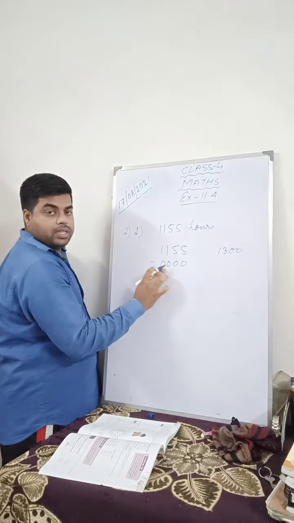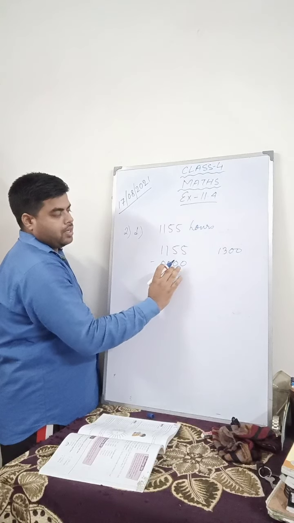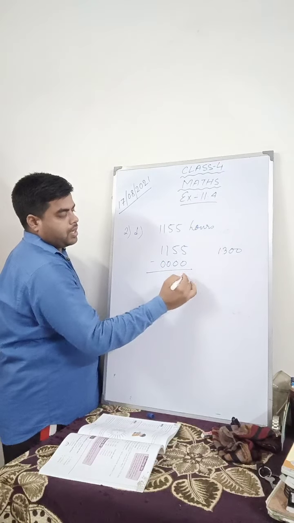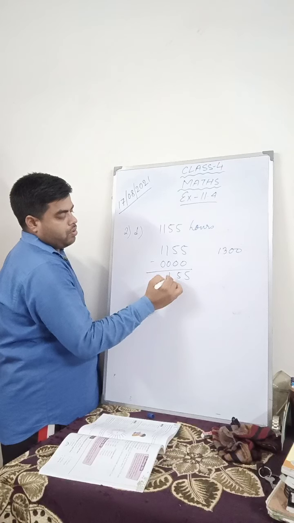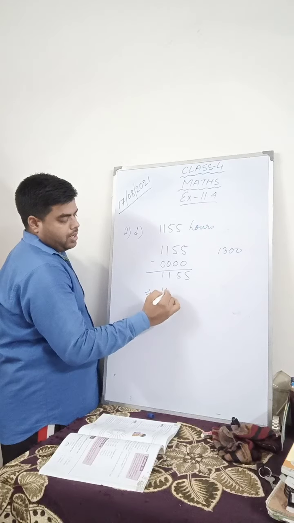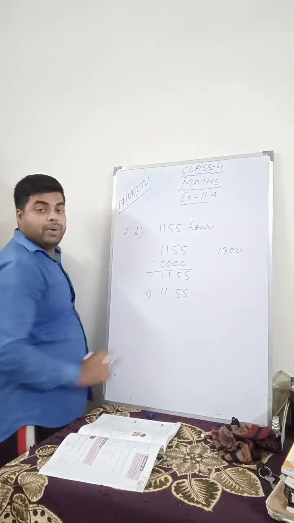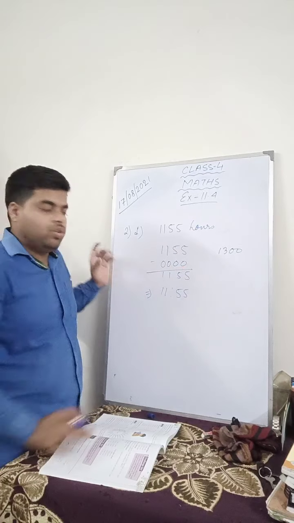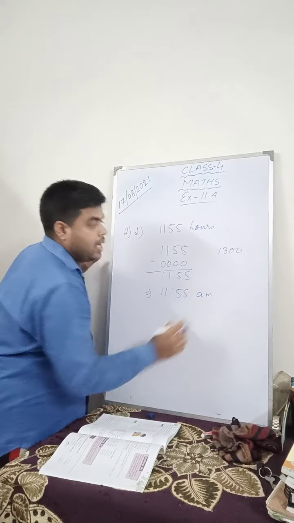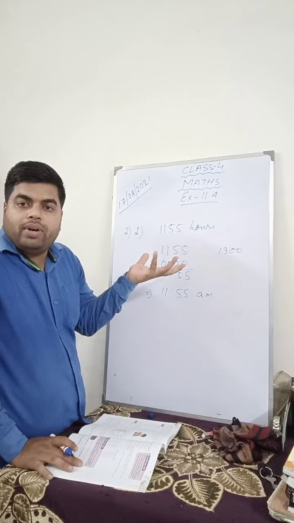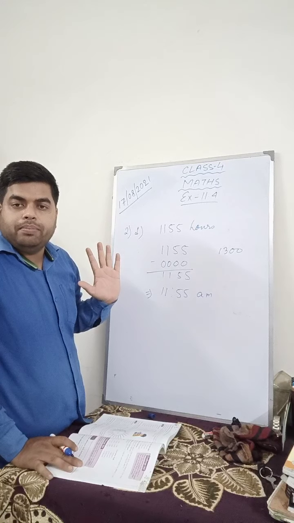The first two digits are the hour and the second two are the minutes. So you will write 11:55. You have subtracted 00, so you will write AM. If you had subtracted 1200, then you would write PM.